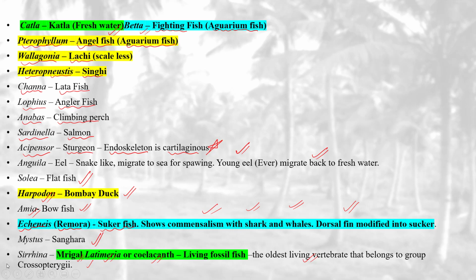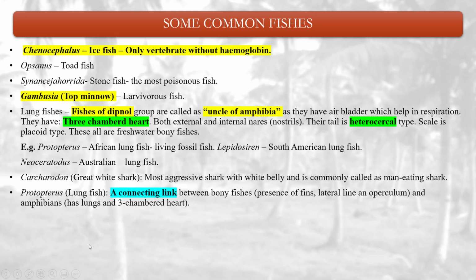Now, my dear students, there are some more common fishes we have to talk about. Chaenocephalus is the ice fish, the only vertebrate without hemoglobin. Please do remember.